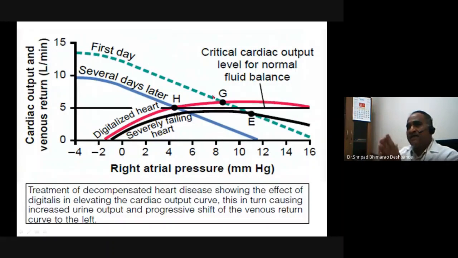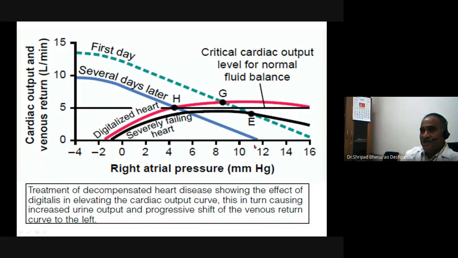Now, I will show you how, if you attend to this in the right moment, it will improve. This is one of those graphs. You can see that this is the severely failing heart. This is the first day. It is here.